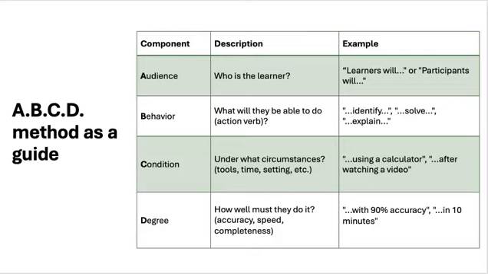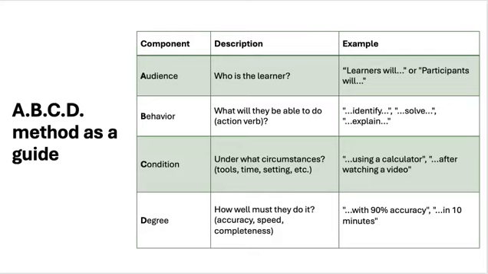So what are they going to be able to do? This is where your action verb comes in. This is where you look at the Bloom's taxonomy verbs and you figure out what is it that I really want to measure here. So that's where you choose your verb, such as identify, solve, create, compare, etc.